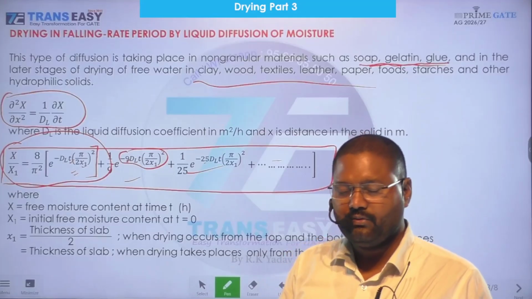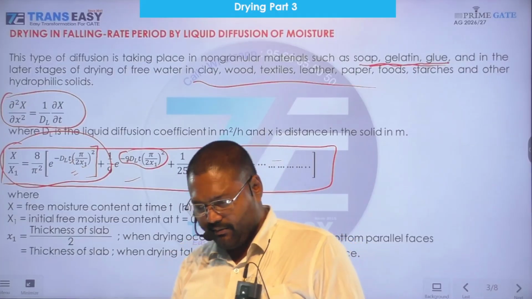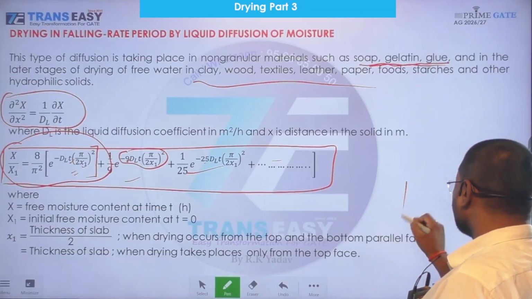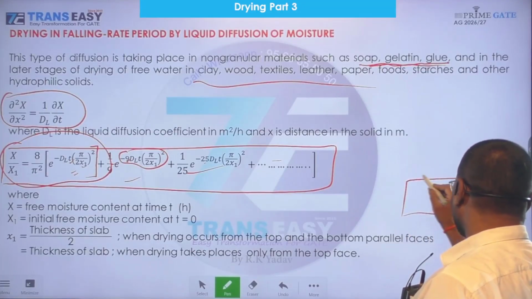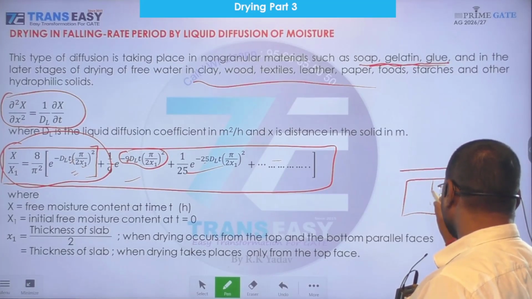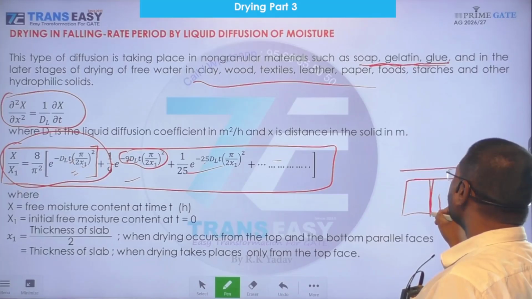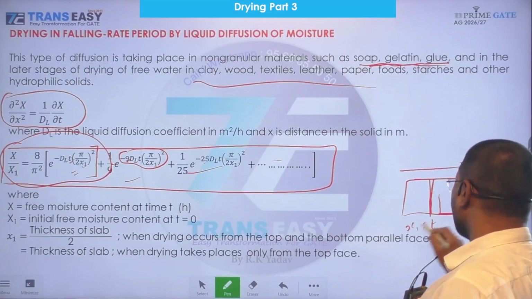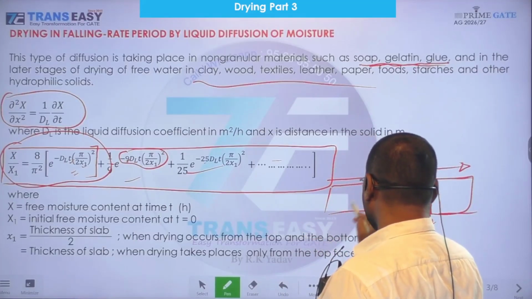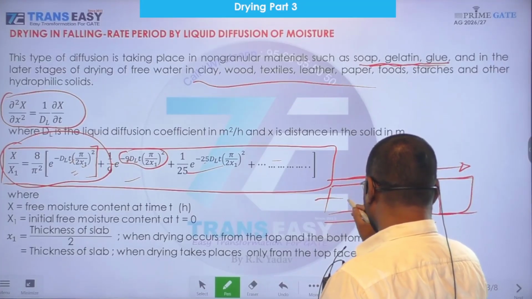If drying is taking place from one side, suppose drying gas is flowing on the top only, x1 is equal to thickness of material, because liquid water has to move from bottom to top. Only drying is taking place at the top. So from here to here to here, right, liquid has to travel. So here x1 is T. If drying of soap slab is taking place on both sides, top and bottom, half is controlled by this and half is controlled by this.